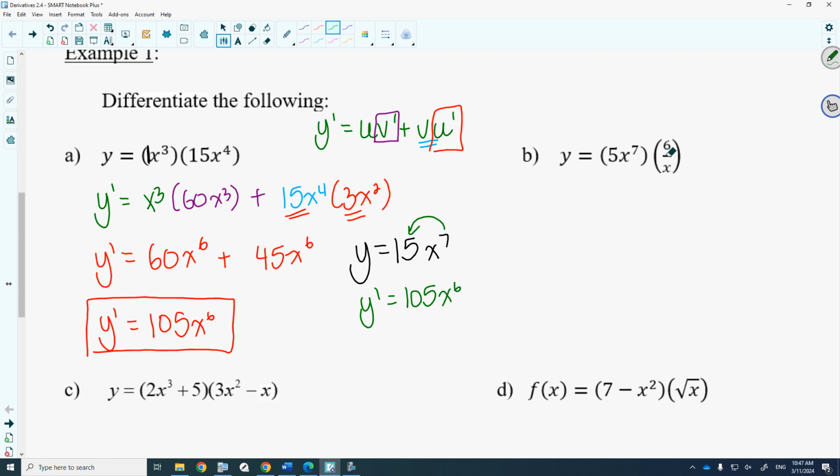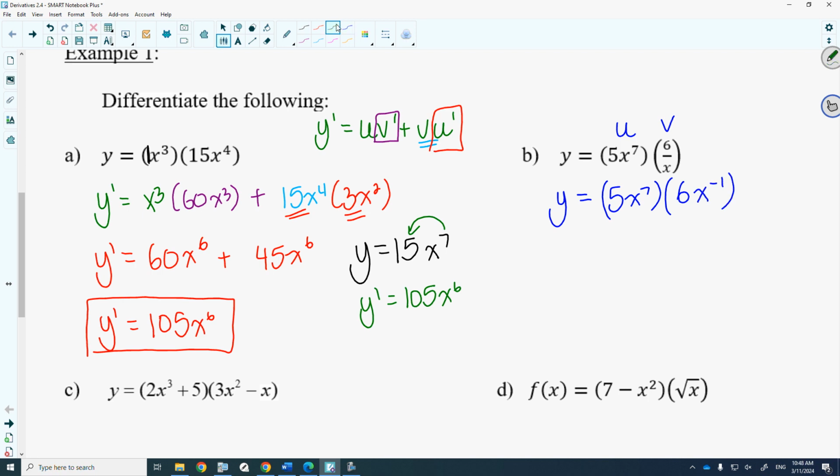So this one here, let's denote this as u and this is v, but I'm going to rewrite this as y is equal to 5x to the 7, and then let's reciprocate it, so 6x to the negative 1.